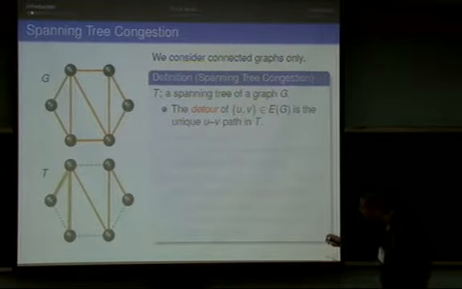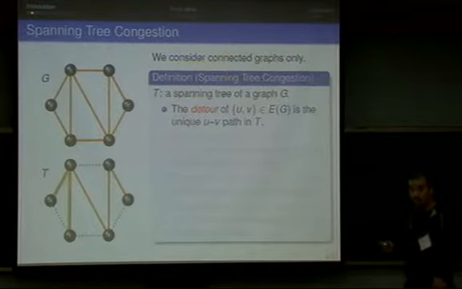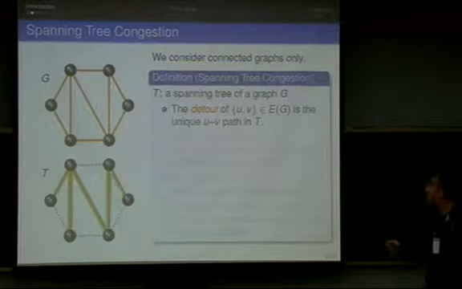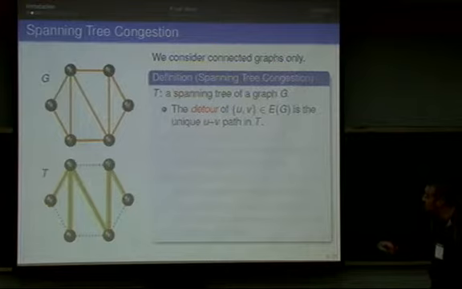For example, here AF, the detour of this edge in this spanning tree is this path of length 2. And for this edge, we have this green detour, also here and here. The detour for this edge AB is AB itself.